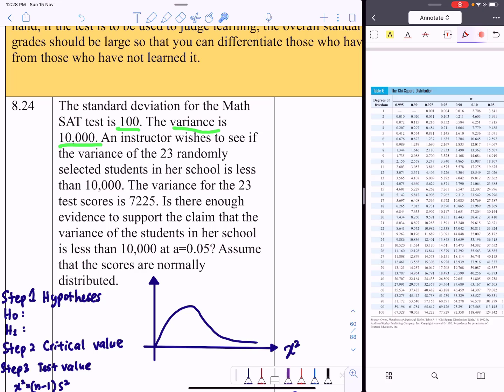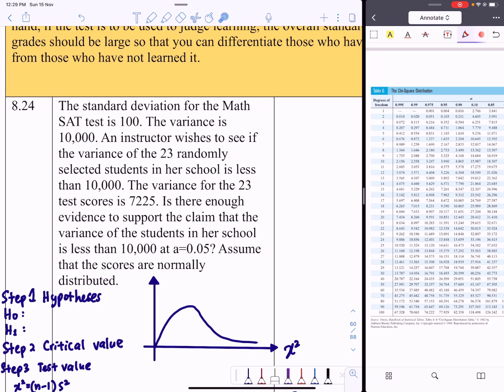Variance is 10,000. An instructor wishes to see if the variance of the 23 randomly selected students in her school is less than 10,000. The variance for the 23 test scores is 7,225. Is there enough evidence to support the claim that the variance of the students in the school is less than 10,000 at alpha 0.05? Assume the test scores are normally distributed.